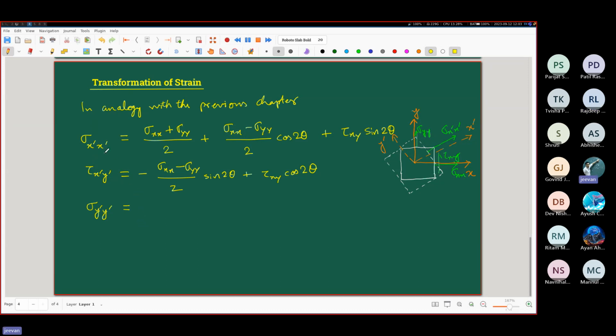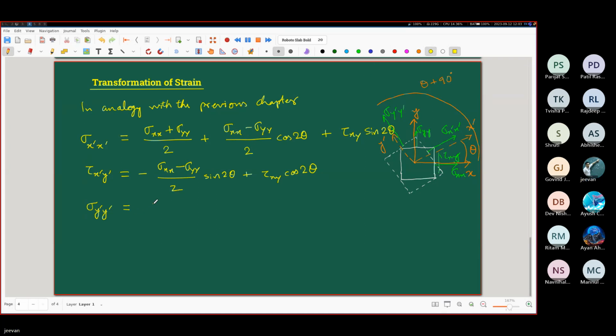If we are obtaining the sigma x dash by rotating through an angle theta, then correspondingly for the sigma y dash, which is along this direction, we consider this angle, which is nothing but theta plus 90 degrees, or theta plus pi by 2.